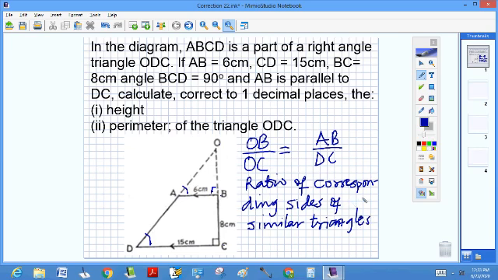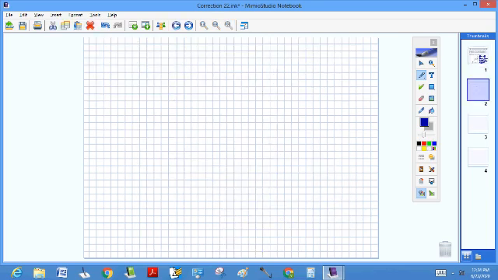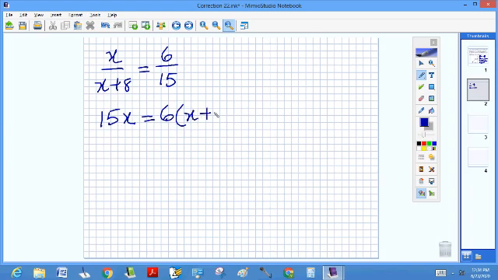So let OB equal S, and substituting values, we have S over S plus 8 is equal to 6 over 15. Cross multiplying, we have 15S is equal to 6 into bracket S plus 8.